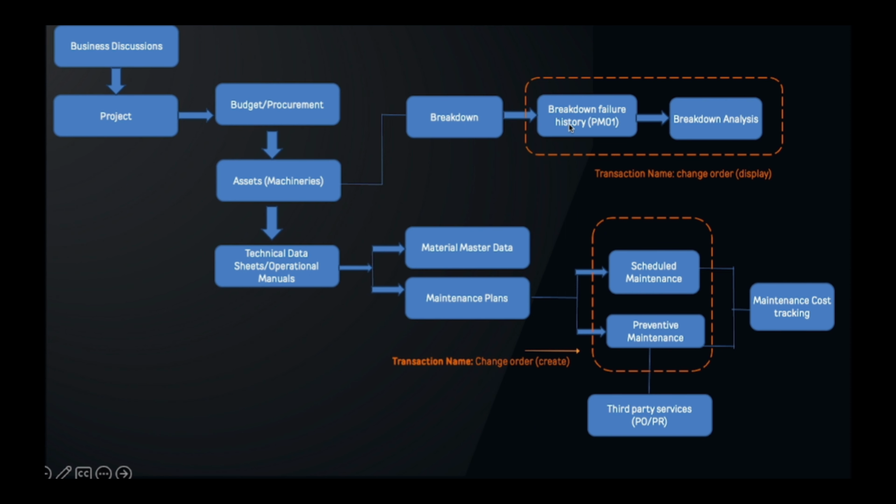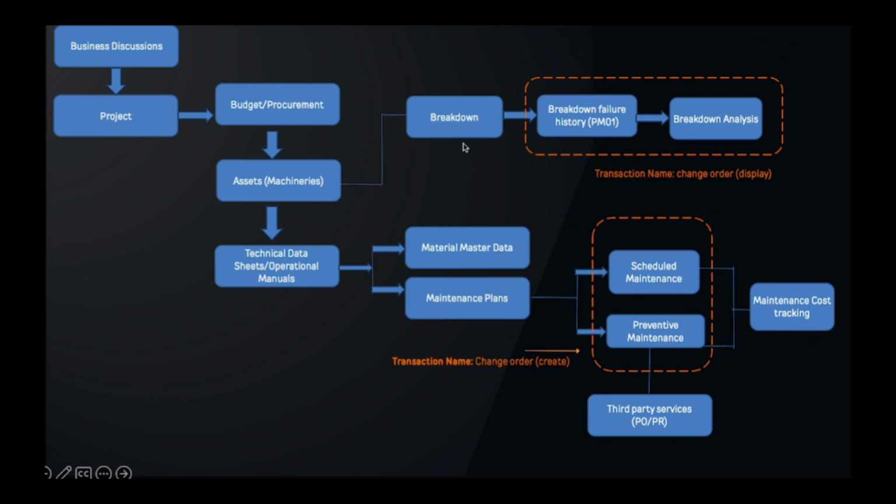And why do I need this data history? If I have a particular machine that has had a series of breakdowns because of a bearing issue, of course, when we have breakdowns on the system, we create a PM01, which is a breakdown order.